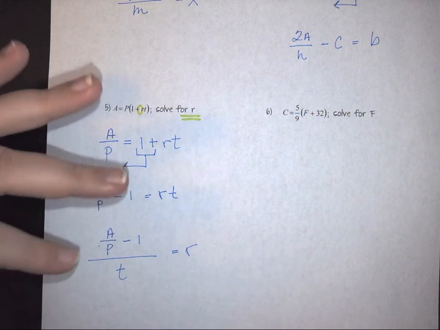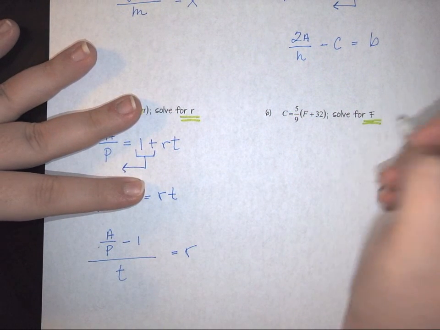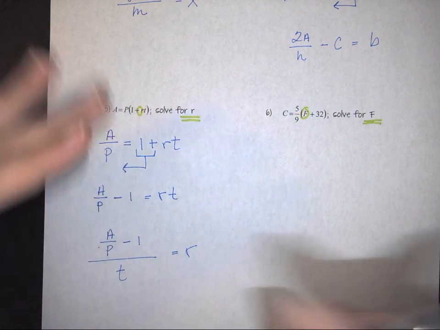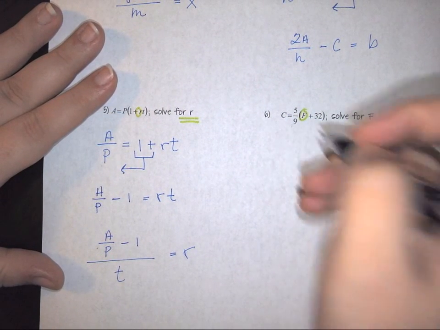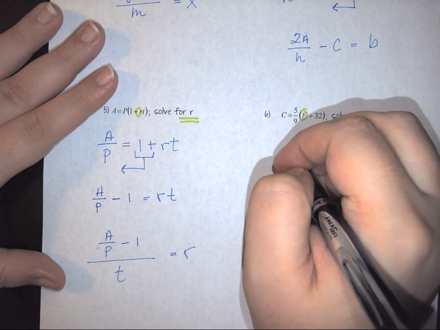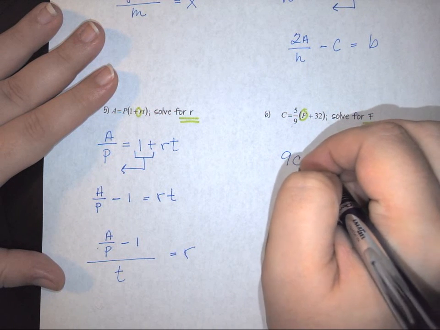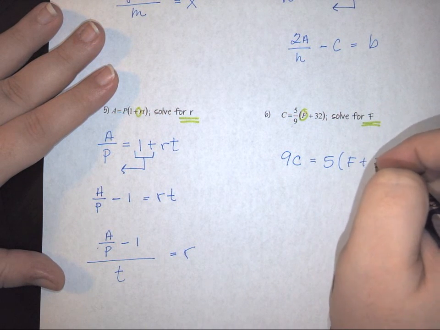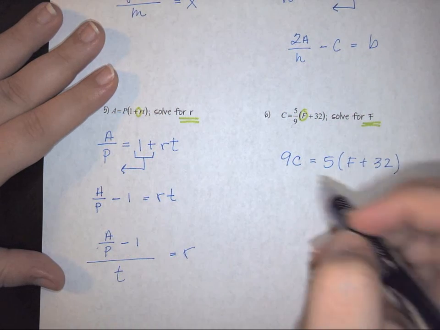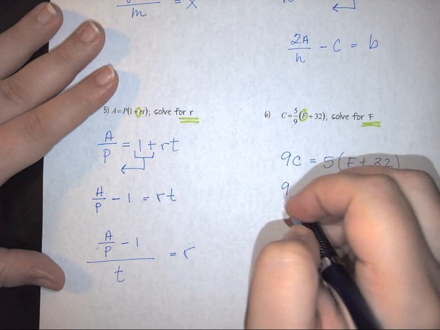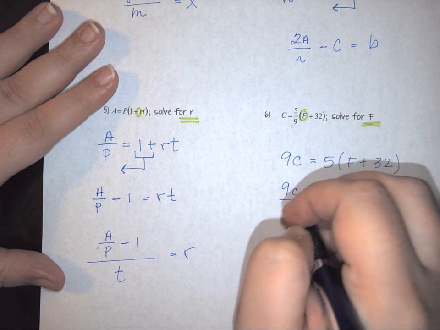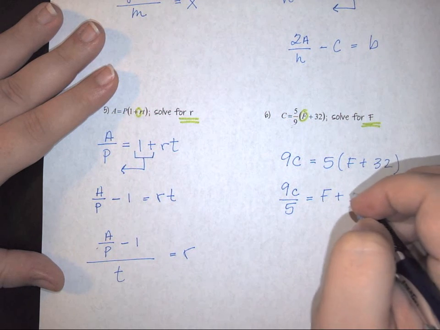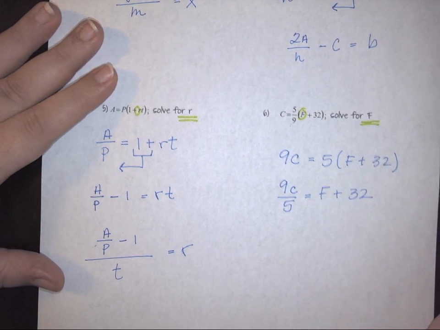Now last but not least, here we're going to solve for f. Again, f is inside my parentheses here. To get rid of it, first I need to multiply by 9. So this becomes 9c is equal to 5 times f plus 32. Divide everything by 5, and I have 9c over 5 is equal to f plus 32.